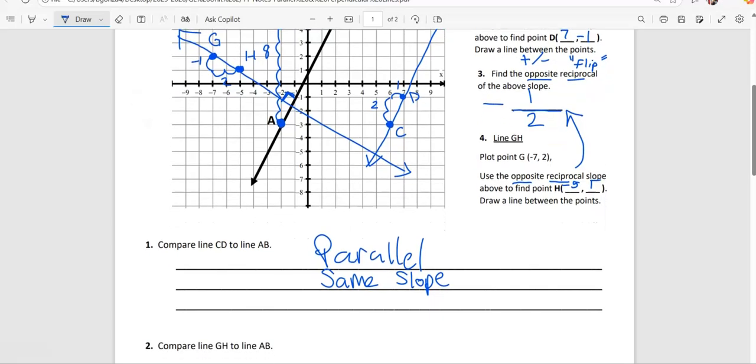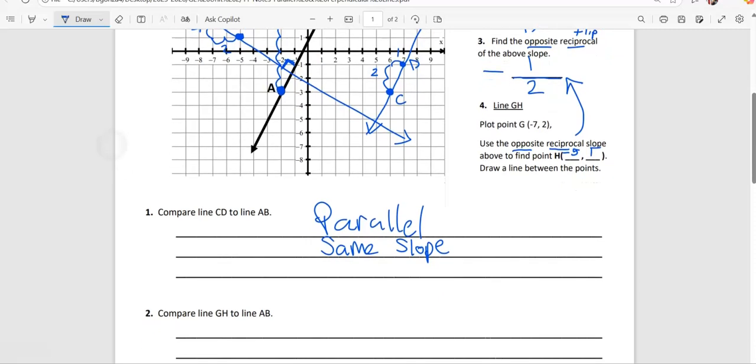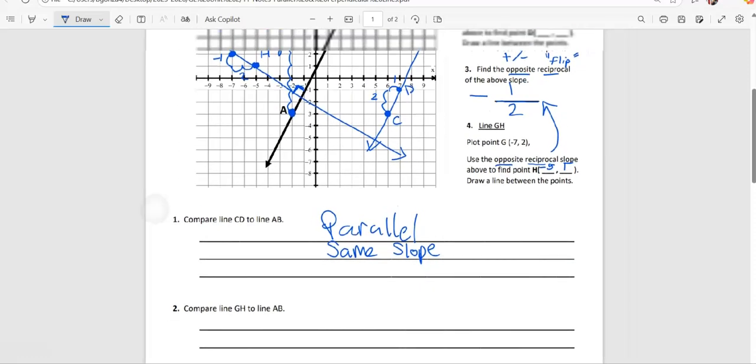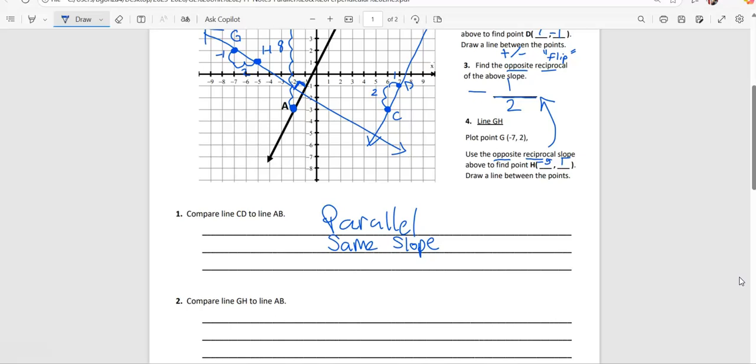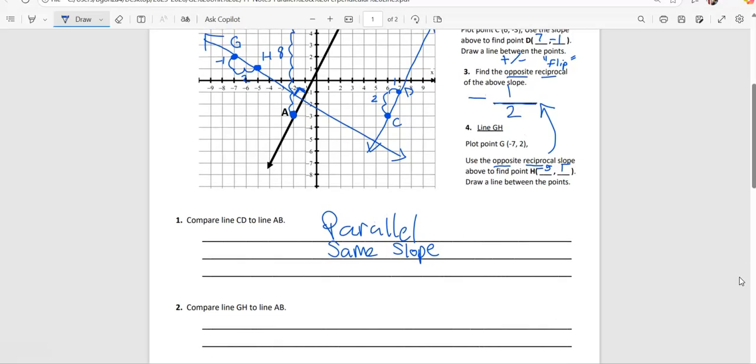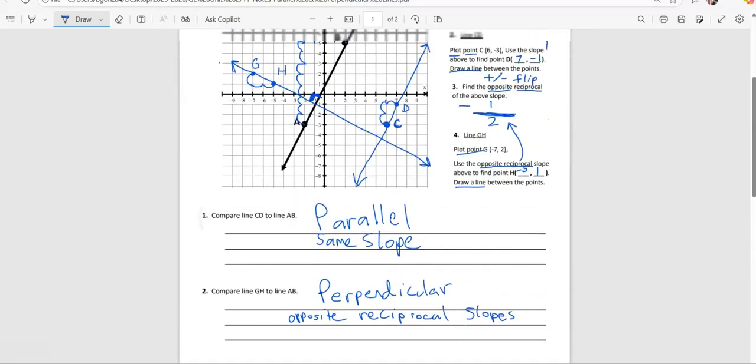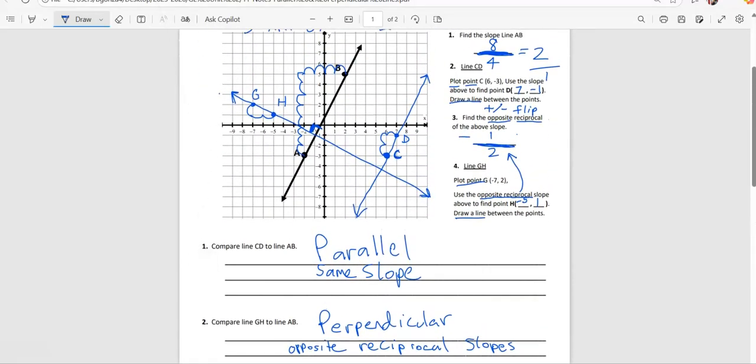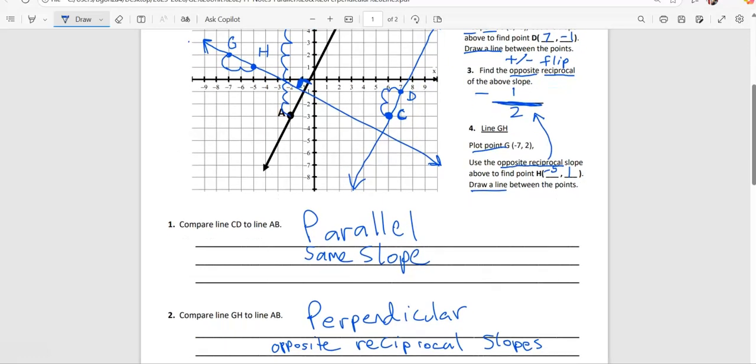Cool. What about GH to AB? Well, GH and the original AB, they made a 90-degree angle. We said that's perpendicular. And it has the opposite reciprocal slope.